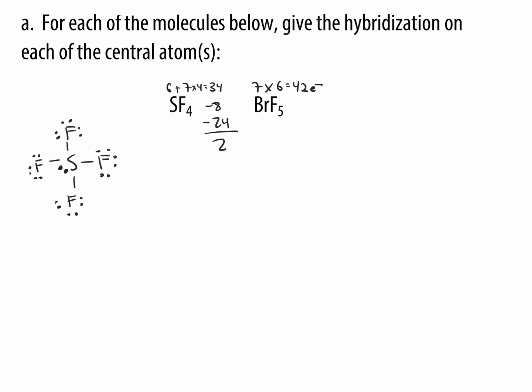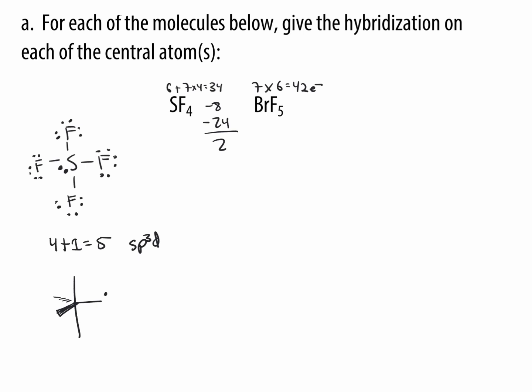Now we can do the steric number, which is 4 bonded atoms plus 1 lone pair is equal to 5. The hybridization, when it's a steric number of 5, is sp3d. That's our 5 hybrid orbitals. And the bond angles here, again, 5 gives us this trigonal bipyramidal overall structure, and one of those is going to be our lone pair.